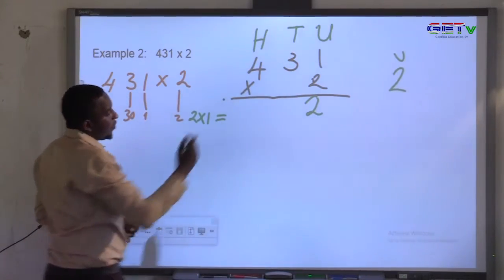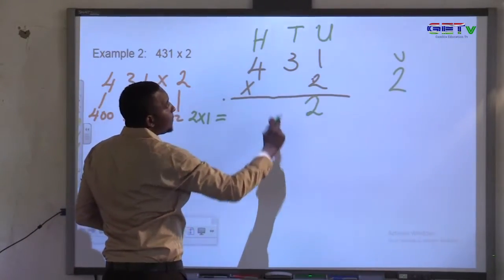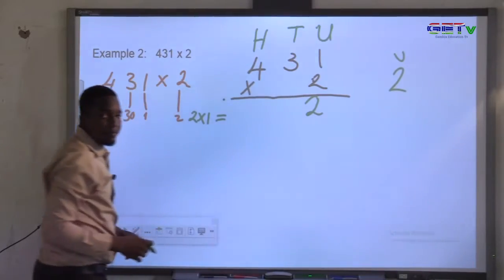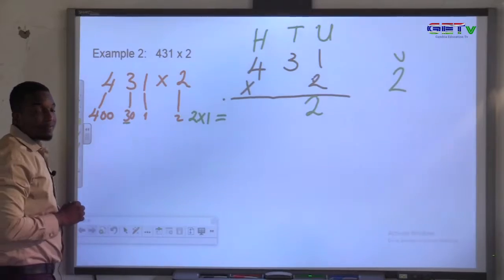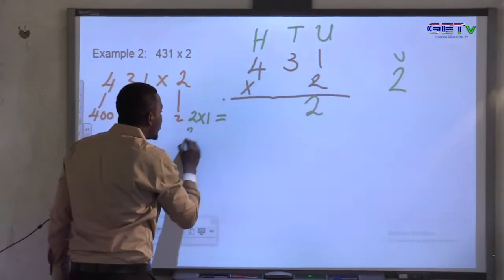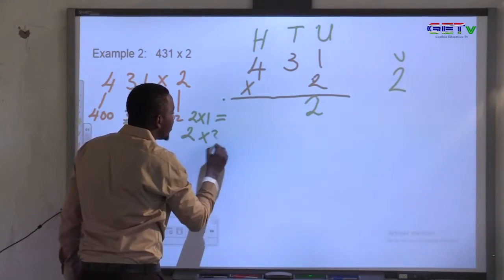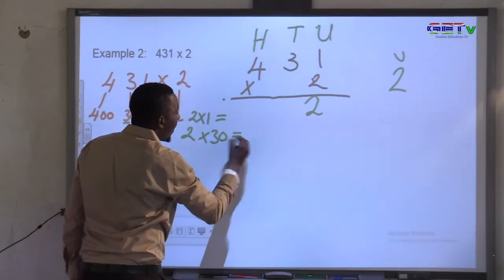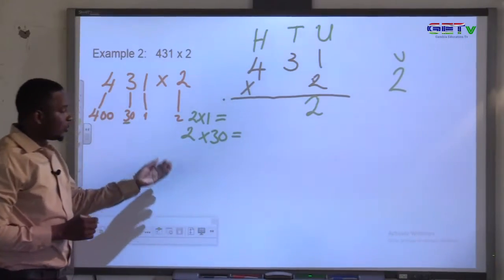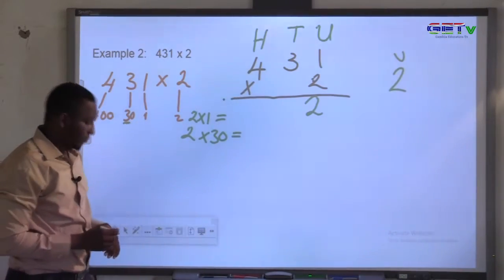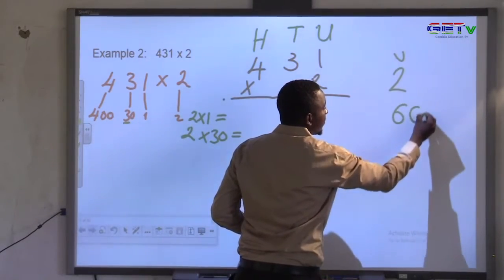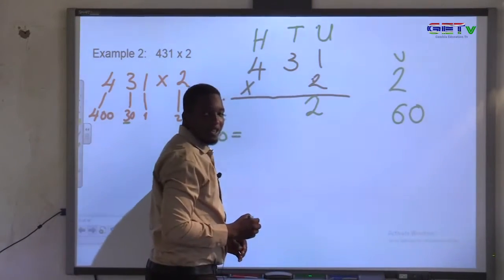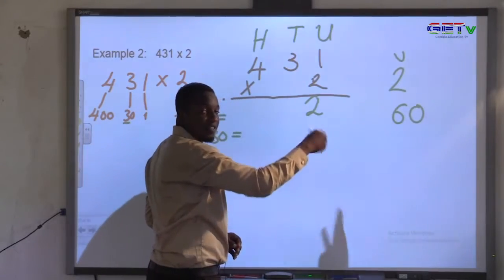From there, you multiply 2 by the value of 3. We said the value of 3 is 30. So we are going to have 2 times 30. Well, 2 times 30 is equal to 60.